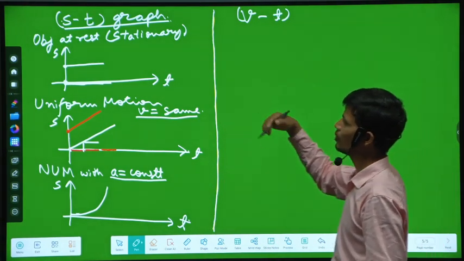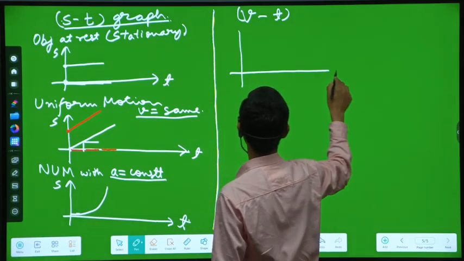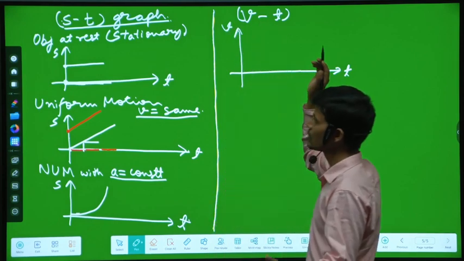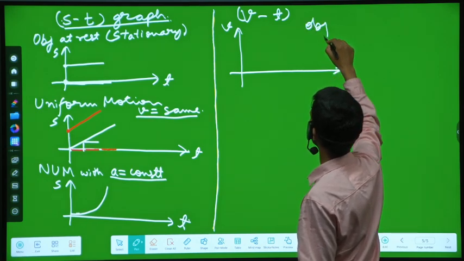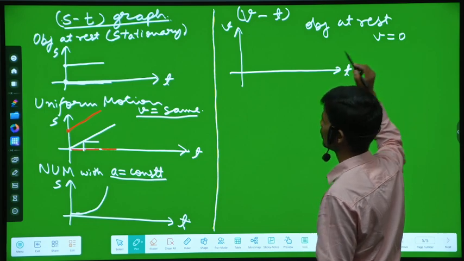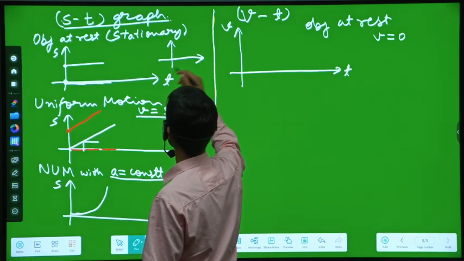And if I want to draw a velocity time graph for object at rest, I can draw nothing because velocity is 0 if object is at rest. People might say that this graph should also be empty.